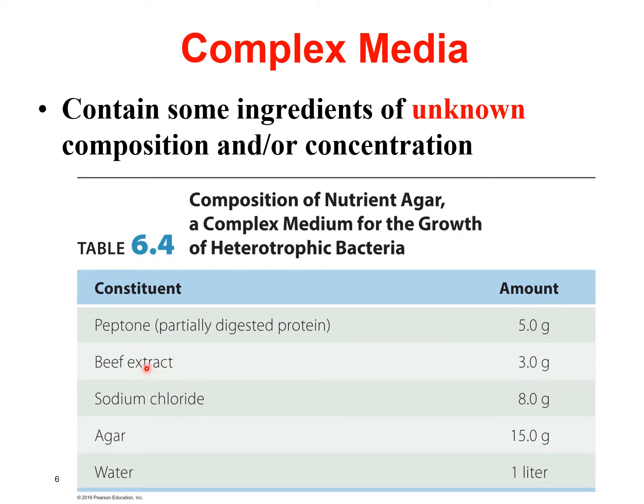There could be a number of things in beef extract. So that's one thing that's making this complex media. And then also the peptone, the partially digested protein, is another ingredient that would make this complex media, because we're not exactly sure what kind of proteins are in peptone either.